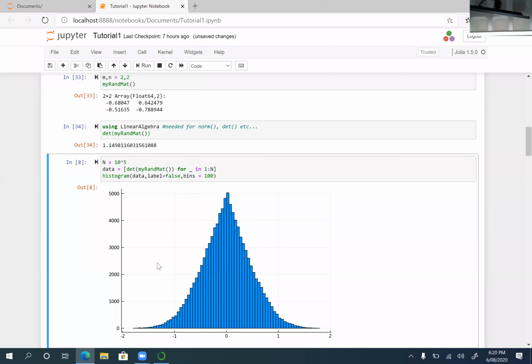So from 1 to 10,000, we're creating 10,000 determinants of random matrices. And then we're plotting a histogram after that. Now we see bins equals 100, so that's 100 rectangles. Label equals false, so no labels other than the numbers. And we're taking the histogram of that array of data.